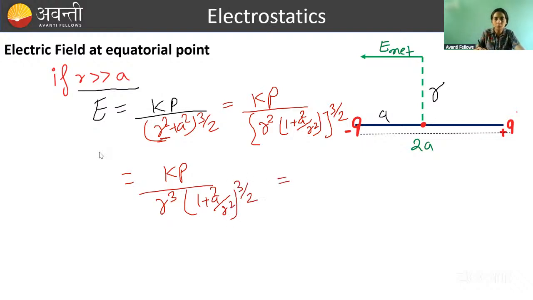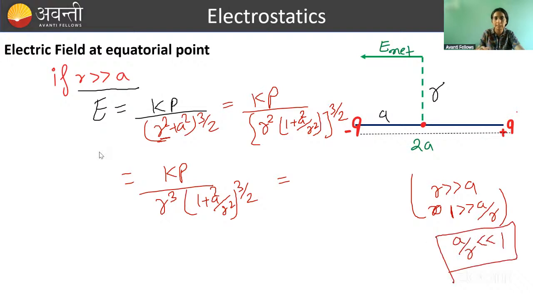Now I have told you, we have taken the assumption that R is far far greater than A. Which means 1 is far far greater than A by R, so A by R is far far less than 1. And here we are doing A square by R square, so this term in the denominator is very, very small, almost near to 0.